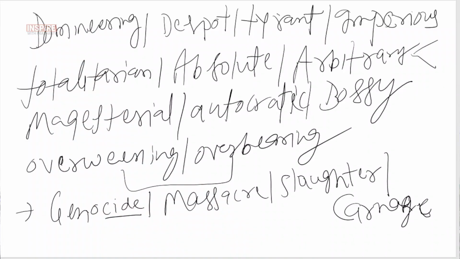Hitler and mass killing is a very closely associated, very relatable concept. So genocide, massacre, slaughter and carnage. So Hitler now gave you two families. One is mass killing and one is domination or dictatorship, which is totalitarian. And that was Hitler. We are moving on to the next segment of words.